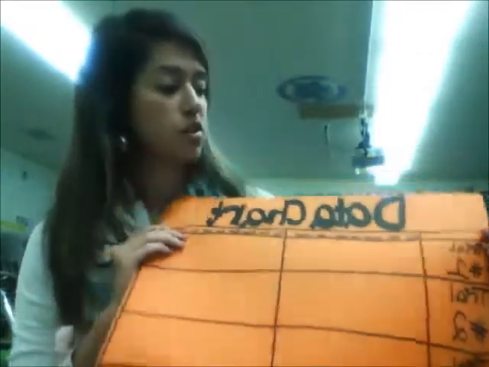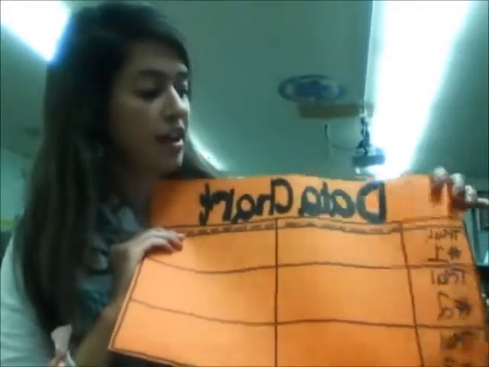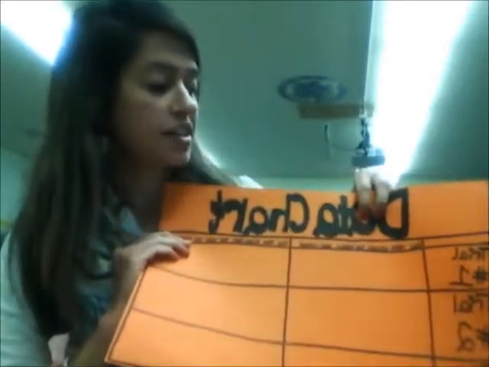Now that we all have the same focus question, and before we start the experiment, we are going to create a data chart in our science notebooks to keep track of everything we learned during this experiment. So I made this one, and it says trial 1, trial 2, and trial 3, and then in this column is how many seconds the balloon was rubbed, because we rub it with the towel.